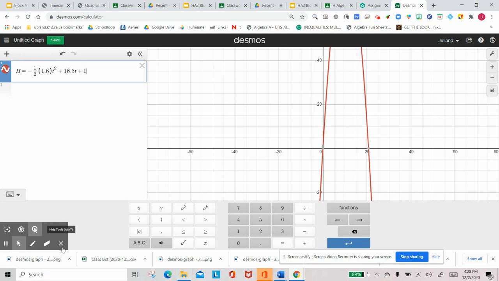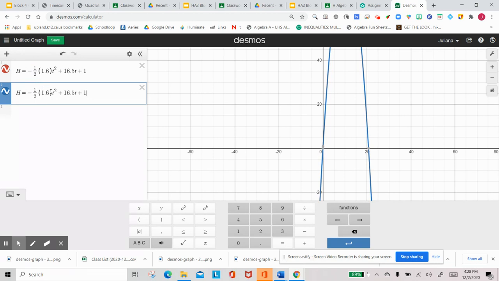All right, and just so you know, if you need to, there is a keyboard right here at the bottom left. And then I'm going to copy this. I'm going to paste it.